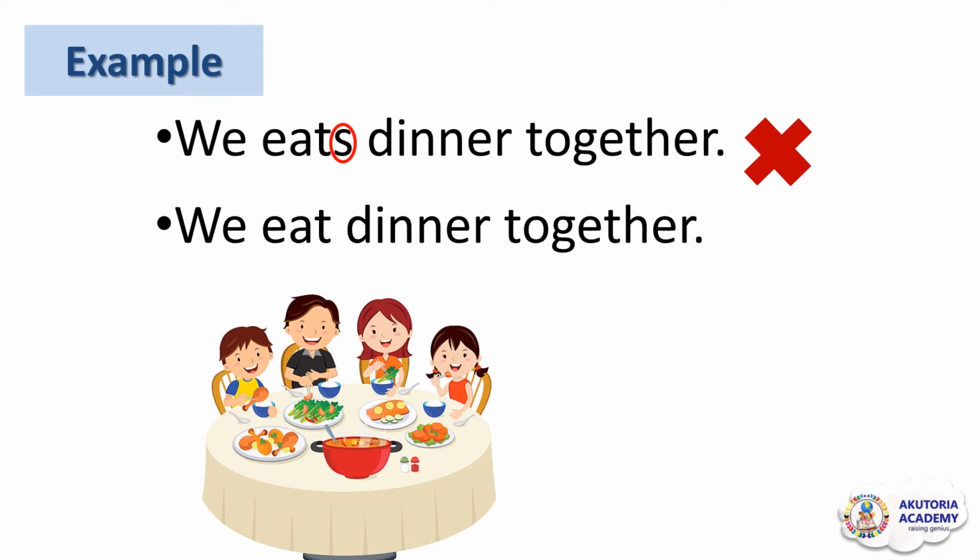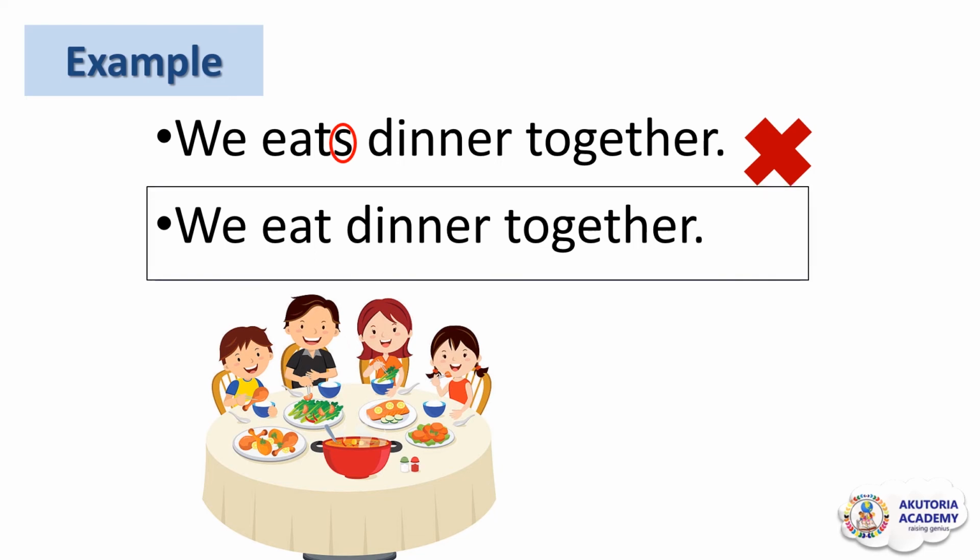Now, when you have plural subjects, when you have two or more subjects, alright, your verb must not have an s or es. But the first one has an s. Eat is the action word and it's carrying an s. It's a no-no.